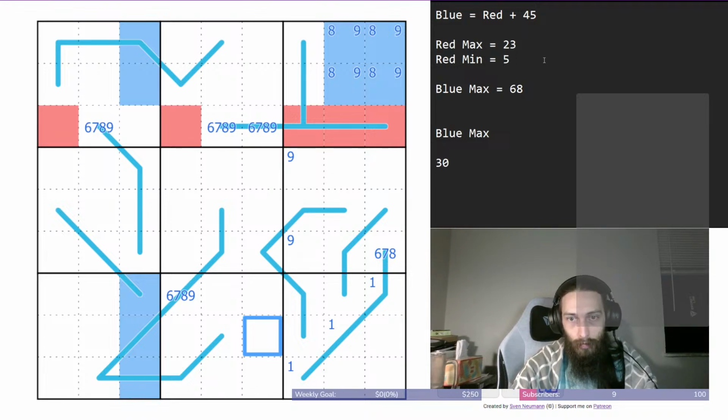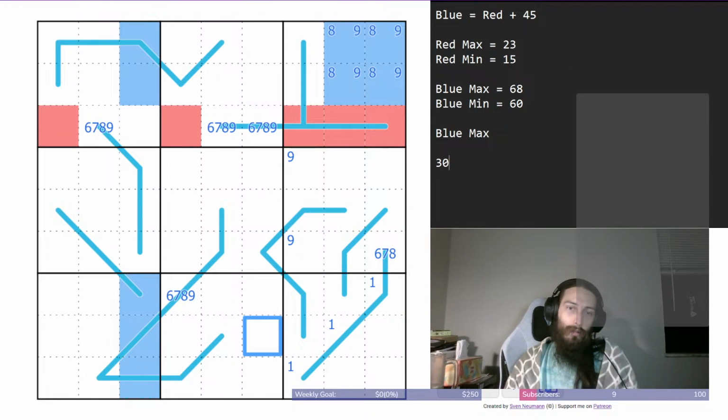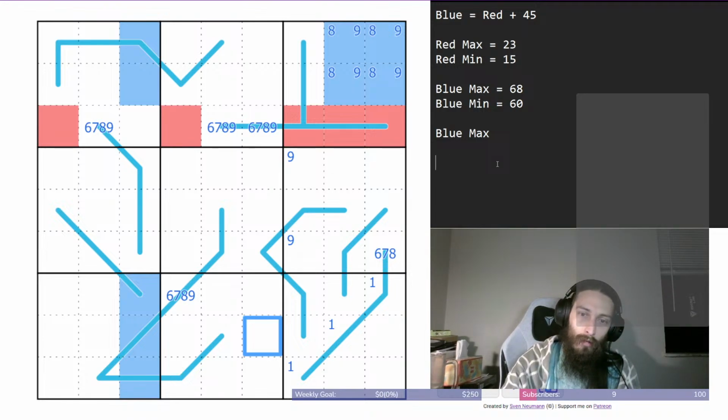No, 15. So blue's min is 60. If we consider the digits that can be placed in there, that would be 65, because you can do 30 here and another 35 over here.